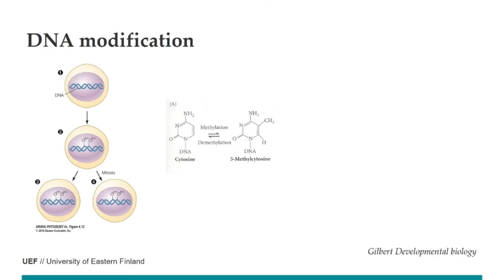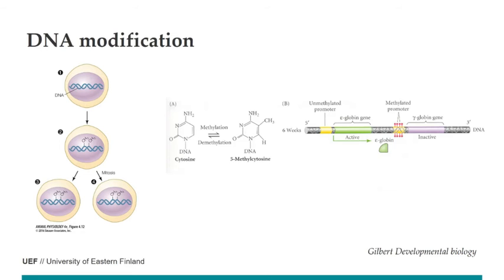And in human development, we are methylating the gamma globin gene in early development. It's the promoter area which is needed to have this gene active. It's methylated, so it's inactive. At the same time, the epsilon globin is active because that promoter area is unmethylated.